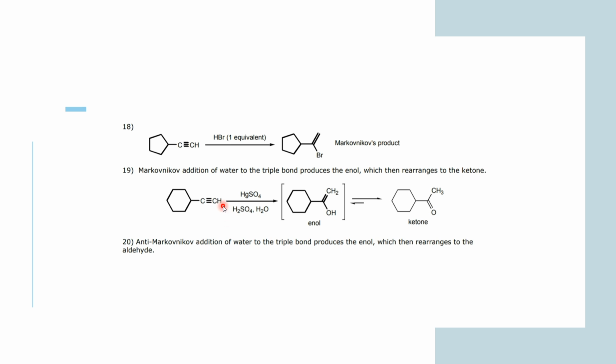So you end up getting a carbocation center here, just like the previous question. You get the more stable carbocation formed on this center, and the water molecule attacks in the next step, neutralizing the carbocation, leading to the formation of this enol.